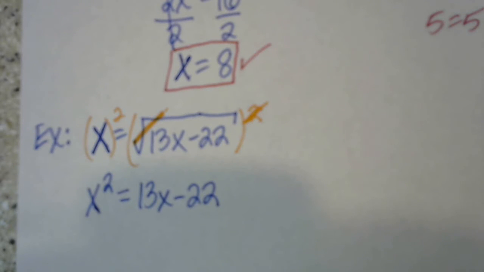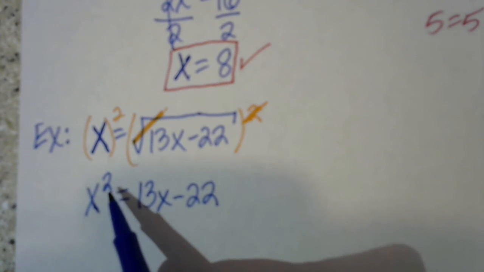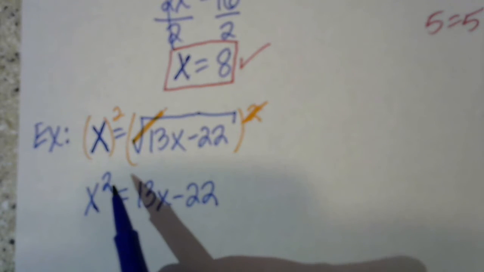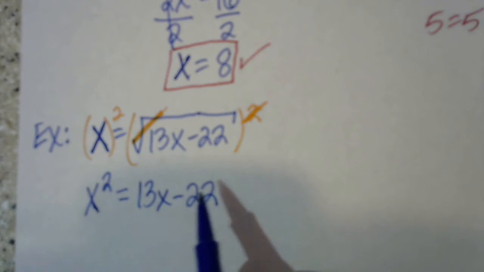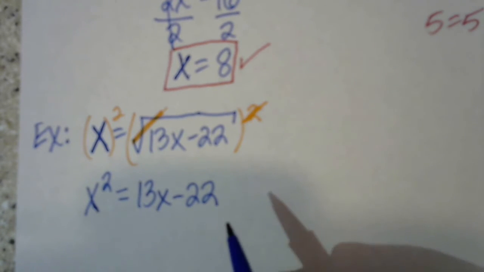Well, now we don't just have a linear equation to solve. Now I have an equation that has an exponent in it. And remember, we learned in chapter 6 that anytime you've got an equation that's got an exponent on any variable, you've got to have all of your terms on one side of the equation because we need to set it equal to 0.